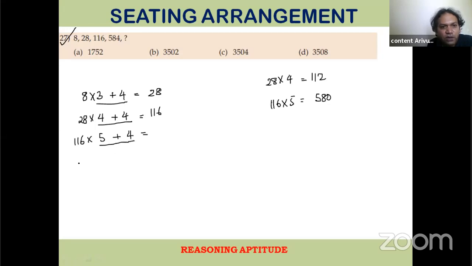So the next one should be into 6 plus 4. 584 into 6 plus 4 is equal to 3508. So the answer will be D, 3508. Question number 27 is from the number series chapter, exercise 1, the first chapter on coding, series and odd one out. I hope you have got the answer. 27, answer is D.